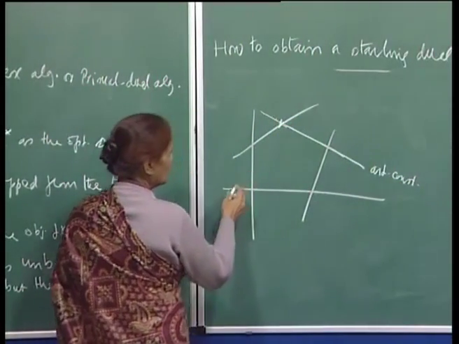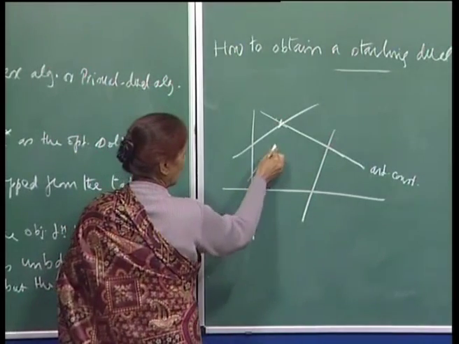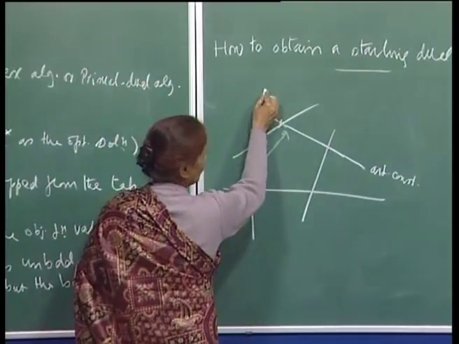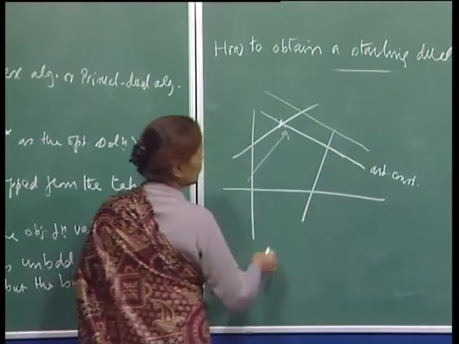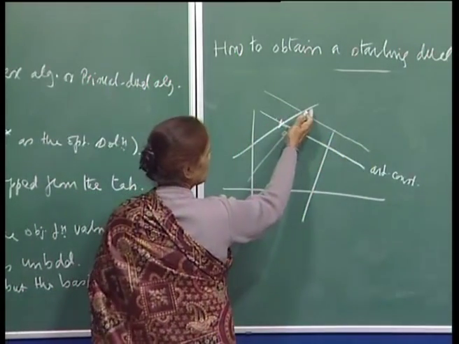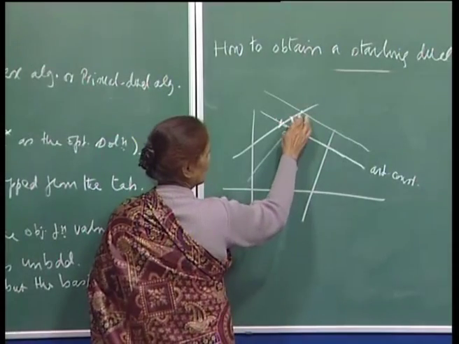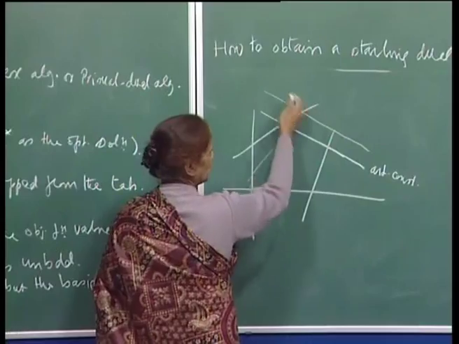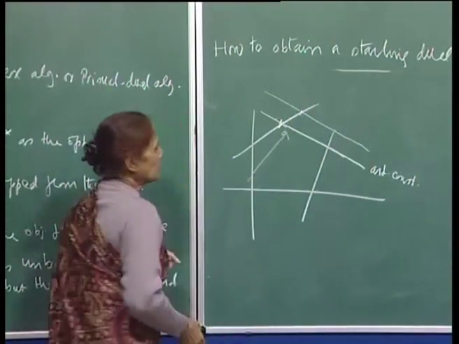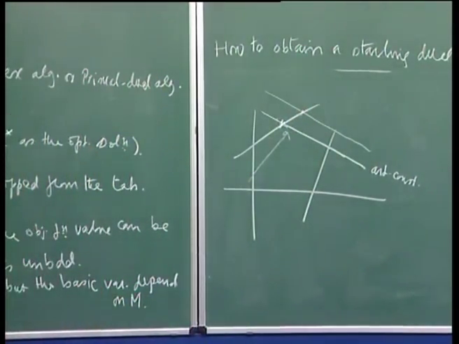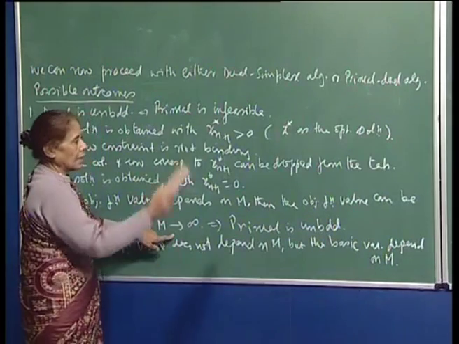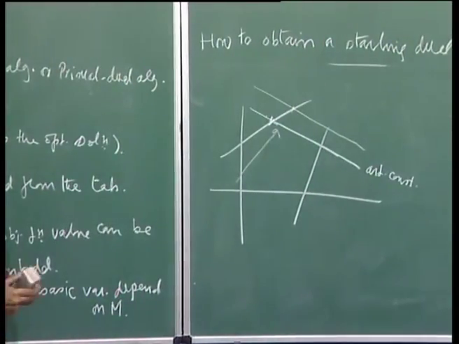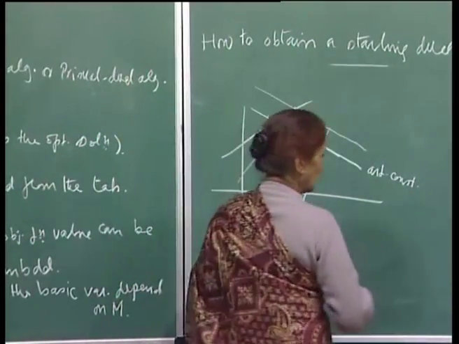Since you are minimizing, the objective is decreasing in this direction. So if I further increase the constraint, it will move parallel to itself. Then this will become the new optimal solution, which will reduce the value of the objective function further, and so on. I can go on increasing my M, and correspondingly the objective function value will decrease. This is the idea, right?